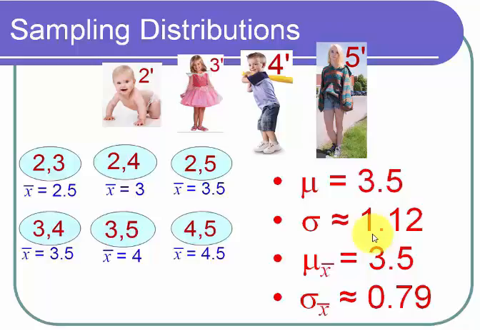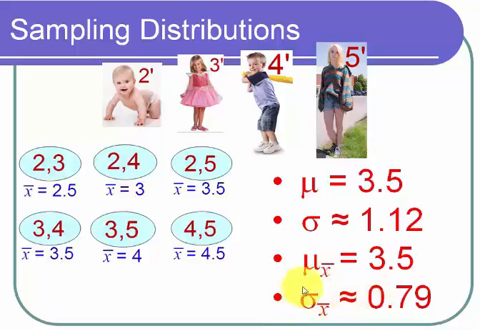It's smaller than the population standard deviation that I started with. That's a good thing. You always want smaller standard deviations if you can get them, because then you get better estimates. Less risk in finance, which we'll see in a little bit.